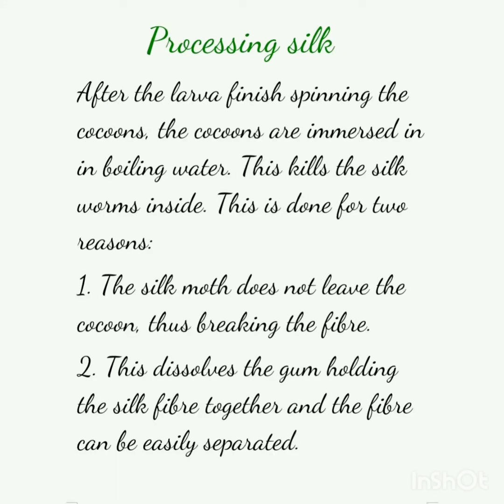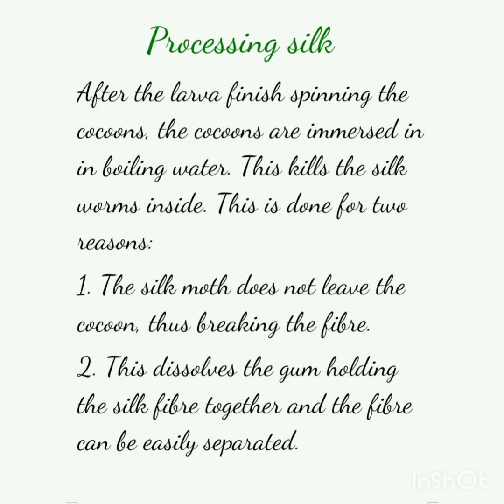Next, silk processing. You know that once larvae finish spinning, the cocoons are immersed in boiling water or kept in hot steam. This is done for a reason, so as to kill the silkworm inside the cocoon.